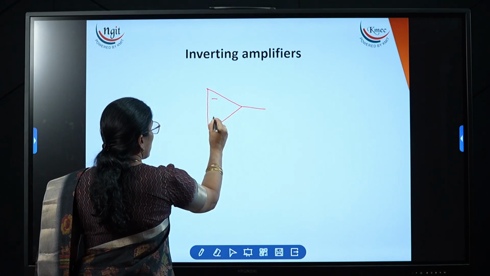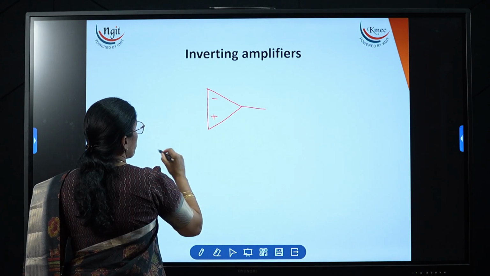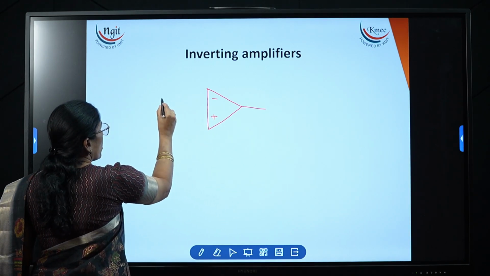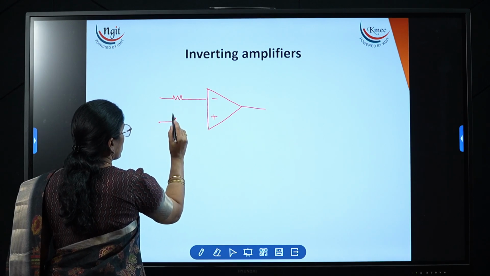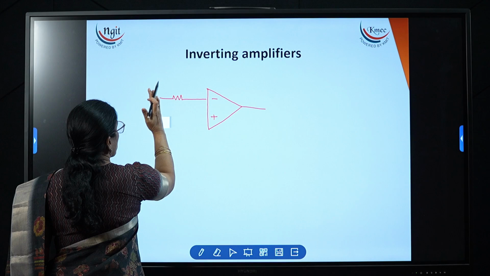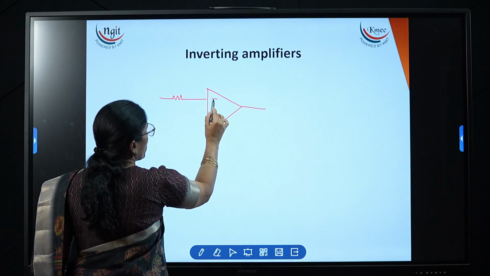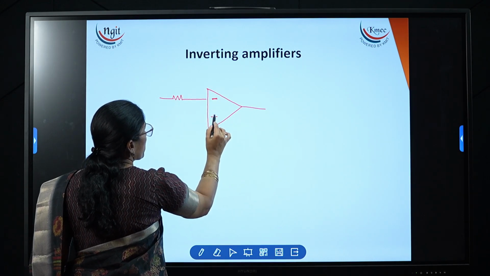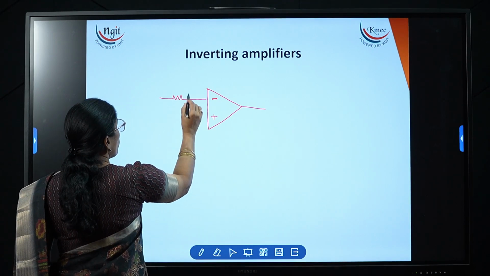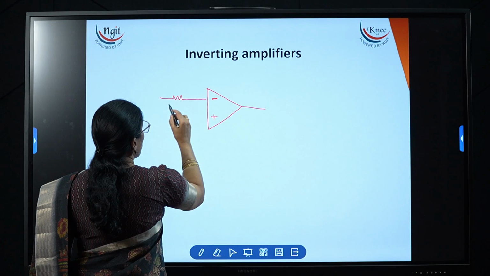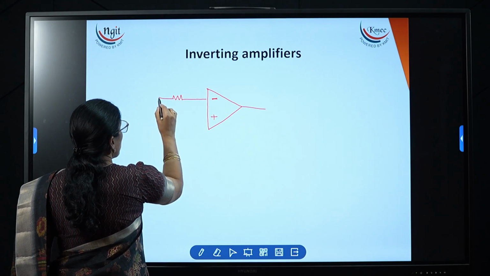So I am taking the inverting terminal, the non-inverting terminal, and here I am using two resistors. Here the heading is inverting. The negative terminal is called the inverting terminal and the positive terminal is called the non-inverting terminal. In an inverting amplifier we need to apply the signal to the inverting terminal.